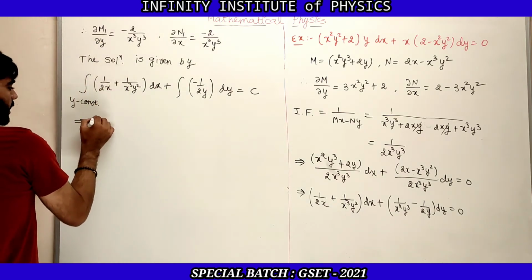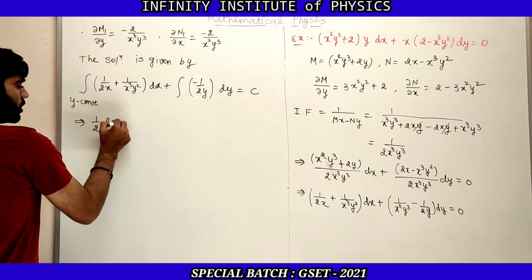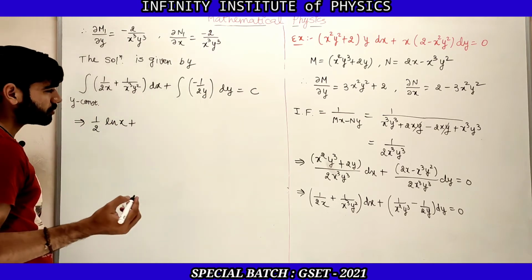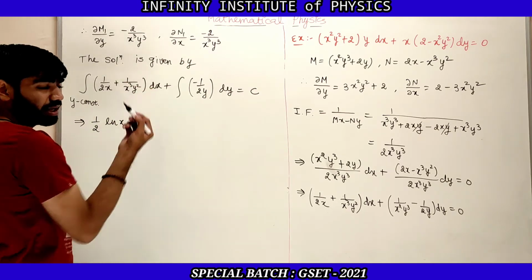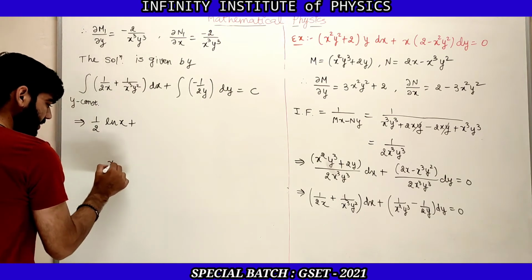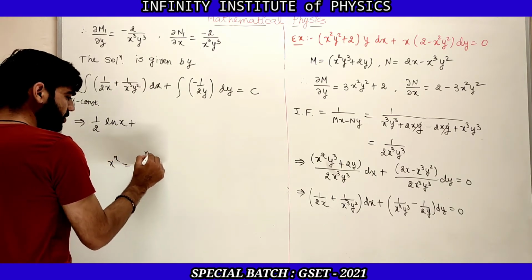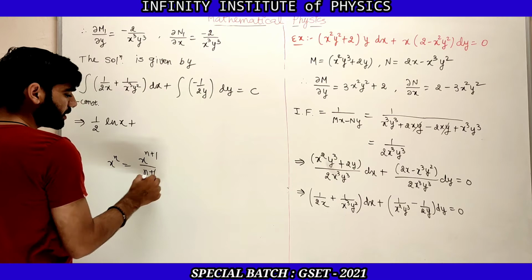So the integration of 1 by 2x is 1 by 2 ln x, plus the integration of 1 by x cube. Now if we have x raised to n, then the integration will be x raised to n plus 1 upon n plus 1.